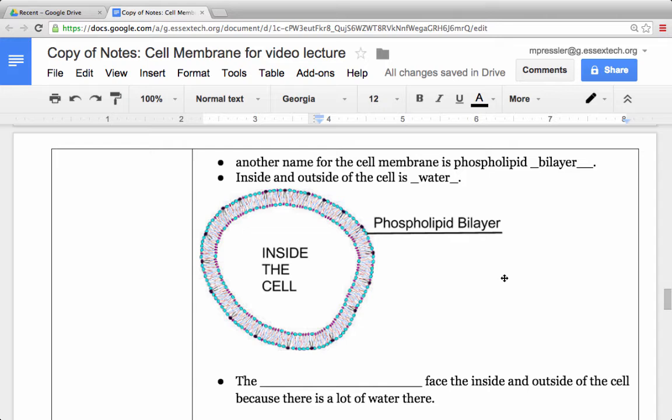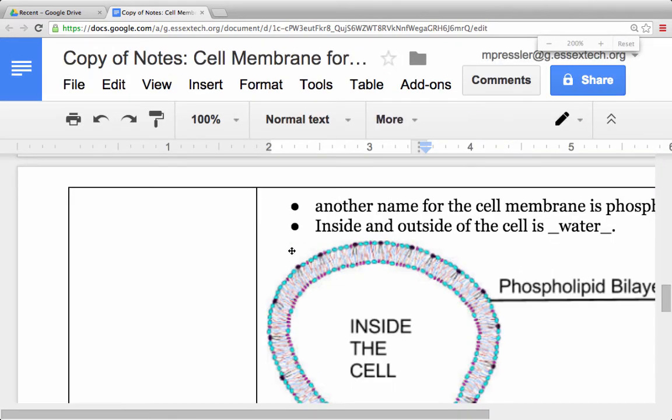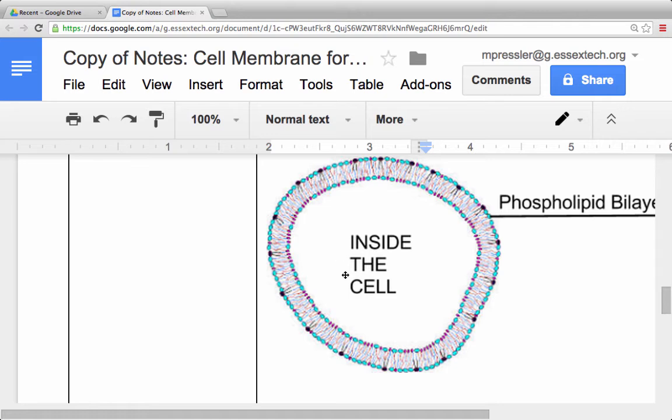Okay, so phospholipids are arranged in 2 layers. That's why we say that another name for the cell membrane is the phospholipid bilayer. So if this part is inside the cell, okay, this is inside the cell, this is outside. You see the heads here on the inside.